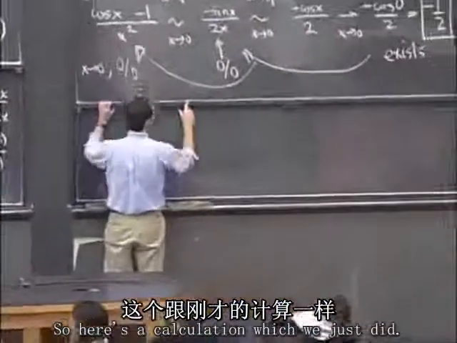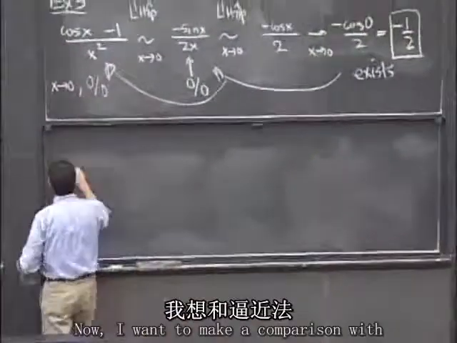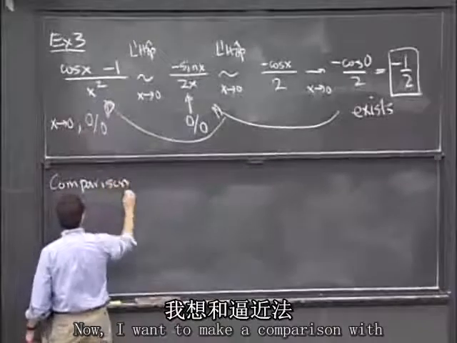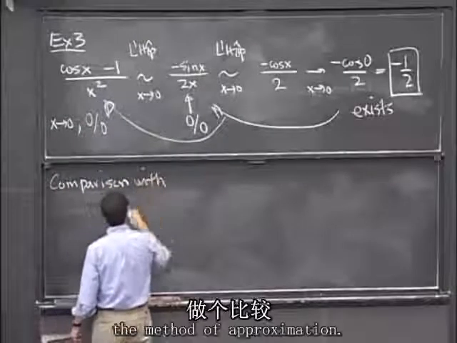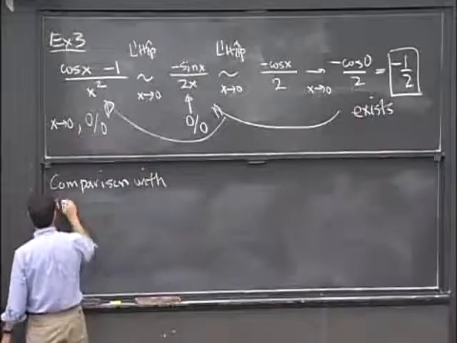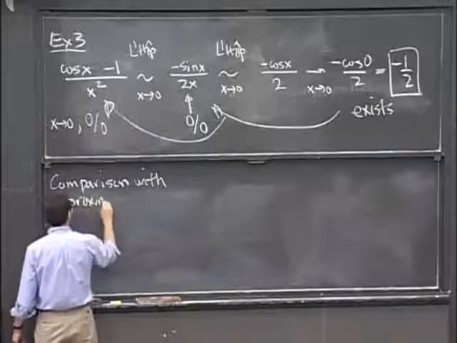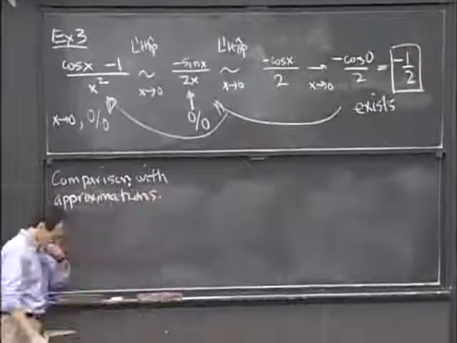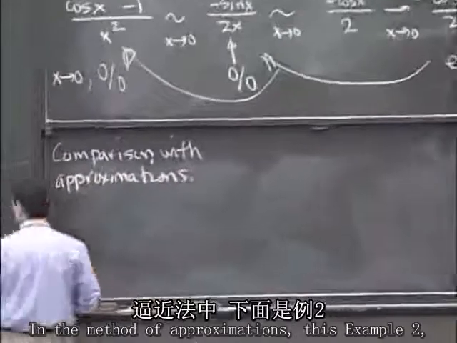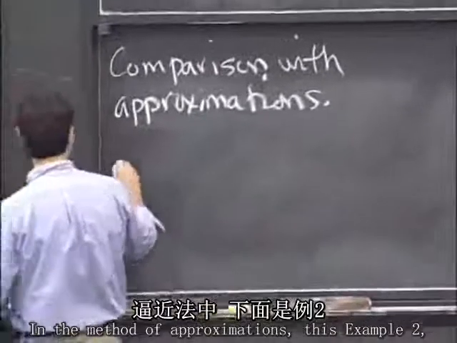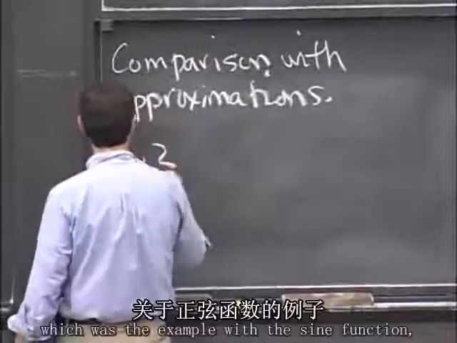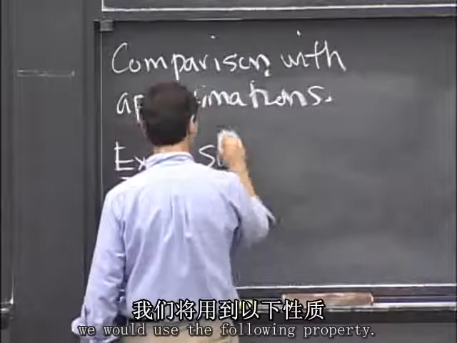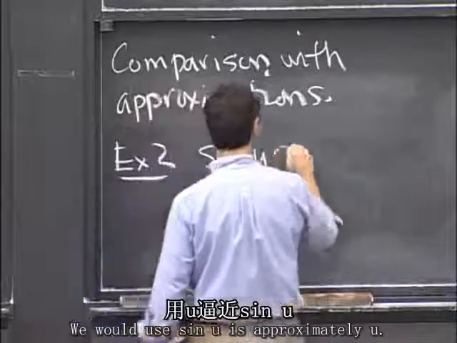Okay. All right, so here's a calculation which we just did, and we evaluated this. Now I want to make a comparison with the method of approximation. In the method of approximations, this example 2, which was the example with the sine function, we would use the following property. We would use sine u as approximately u.